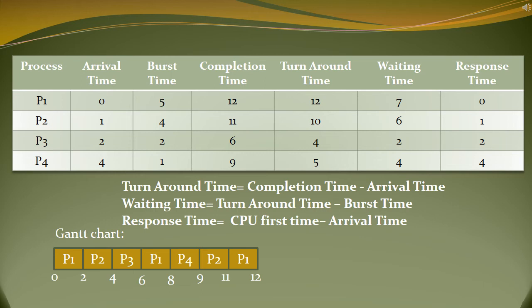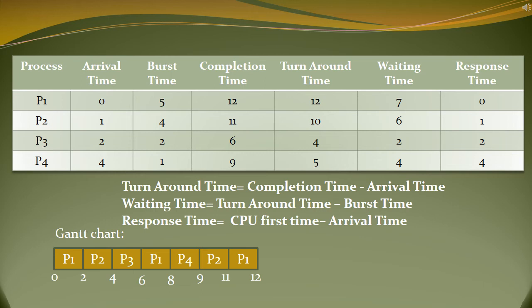And for process P2, it got the CPU for the first time at time 2. So the response time for P2 will be 2 minus its arrival time, that is 1. 2 minus 1 equal to 1.